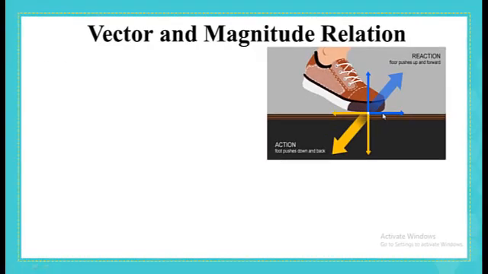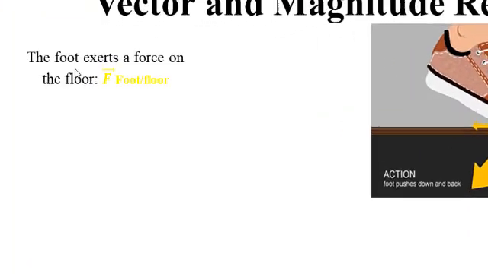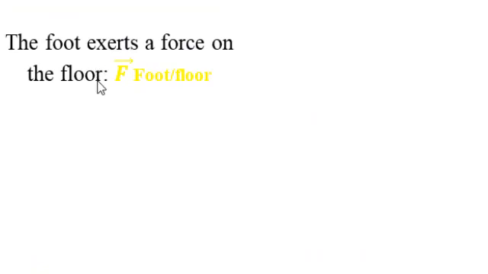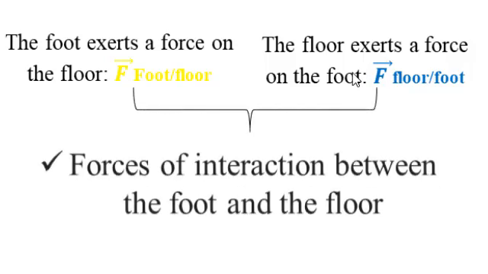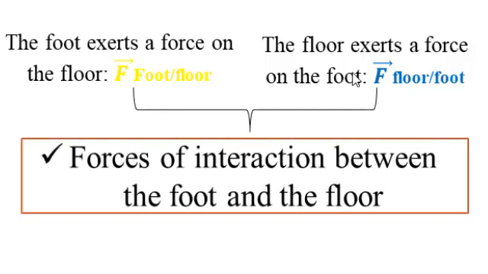To write the forces of interaction, let's say that the foot exerts a force on the floor, represented by a force vector F. Foot is the producer, floor is the receiver. Then the floor exerts a force on the foot. These two forces are called forces of interaction between the floor and the foot.